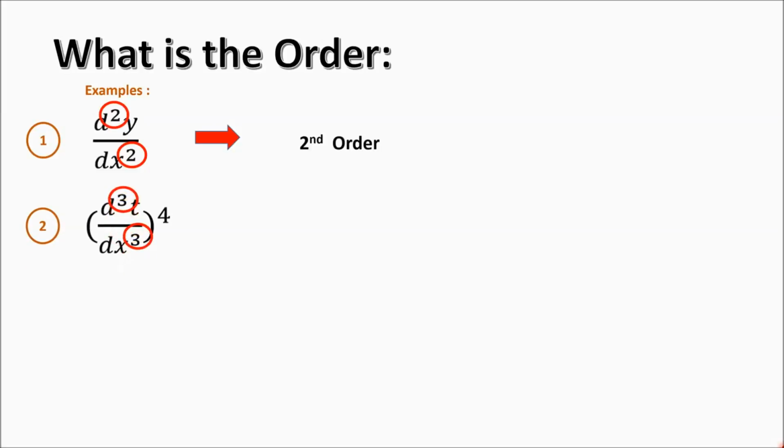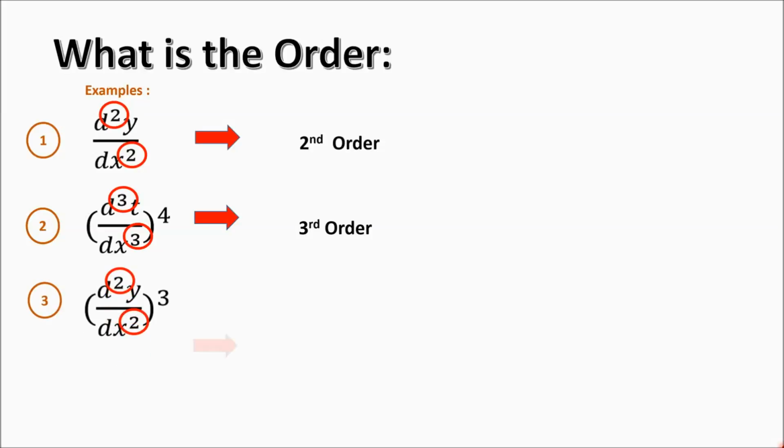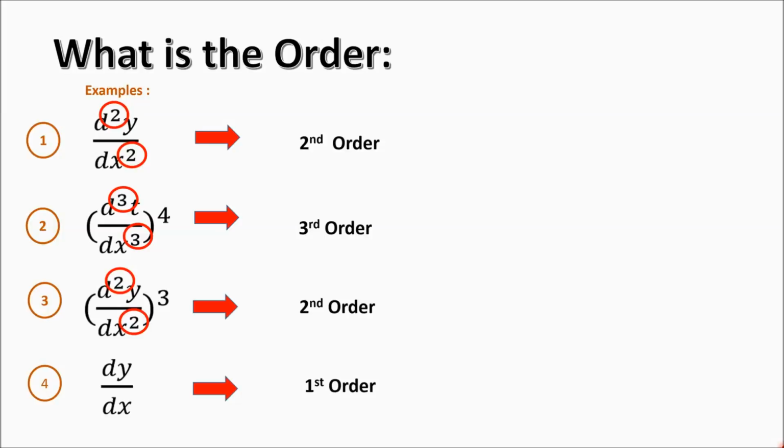You realize that this is the third differentiation, which means this is third order. You do not need to care about the power outside the bracket, because that's not what we are looking for. And this is second order. And lastly, we have the normal dy over dx, which is your usual first order.